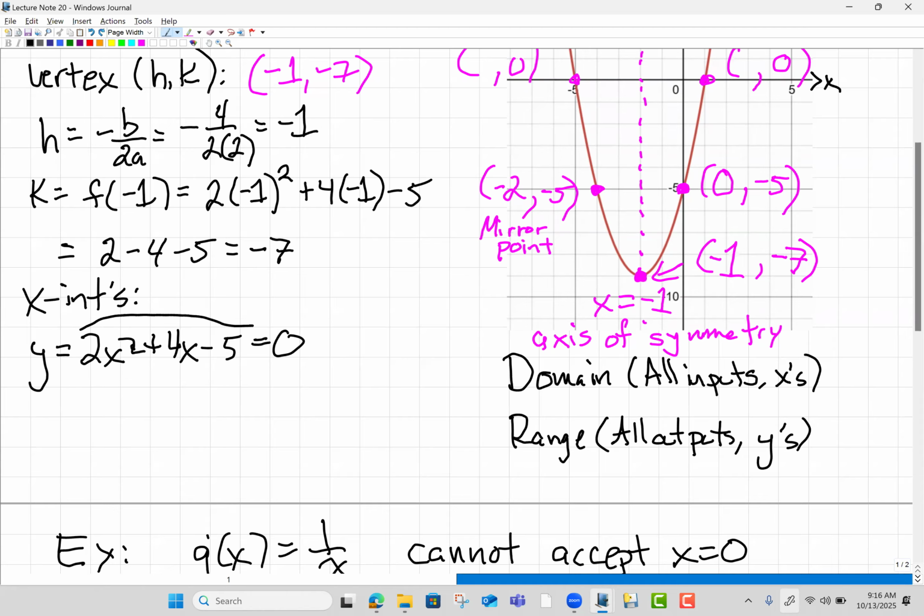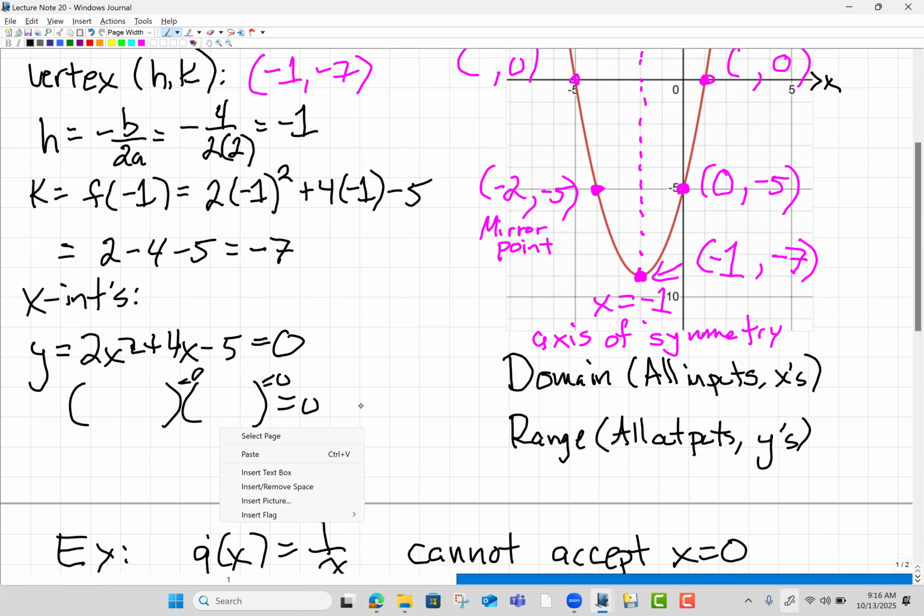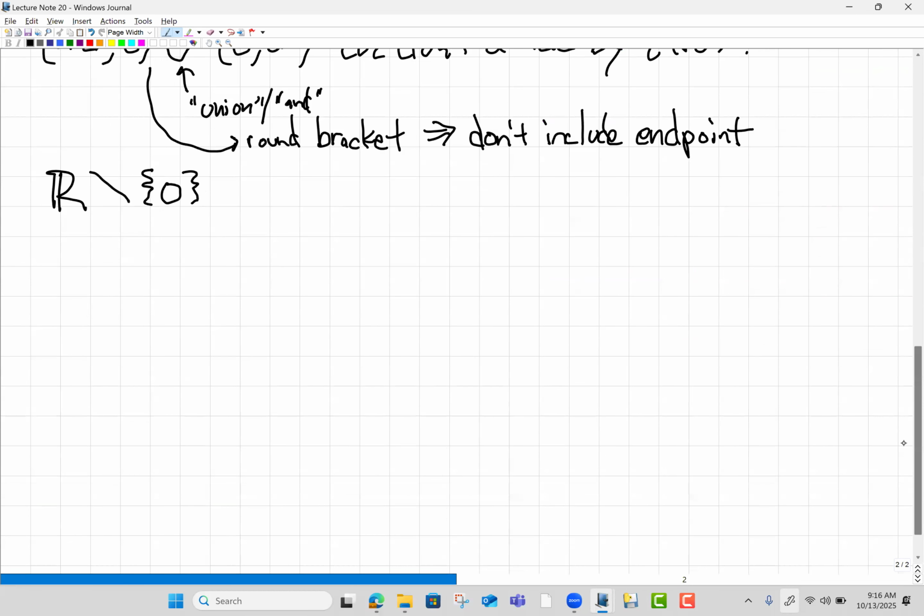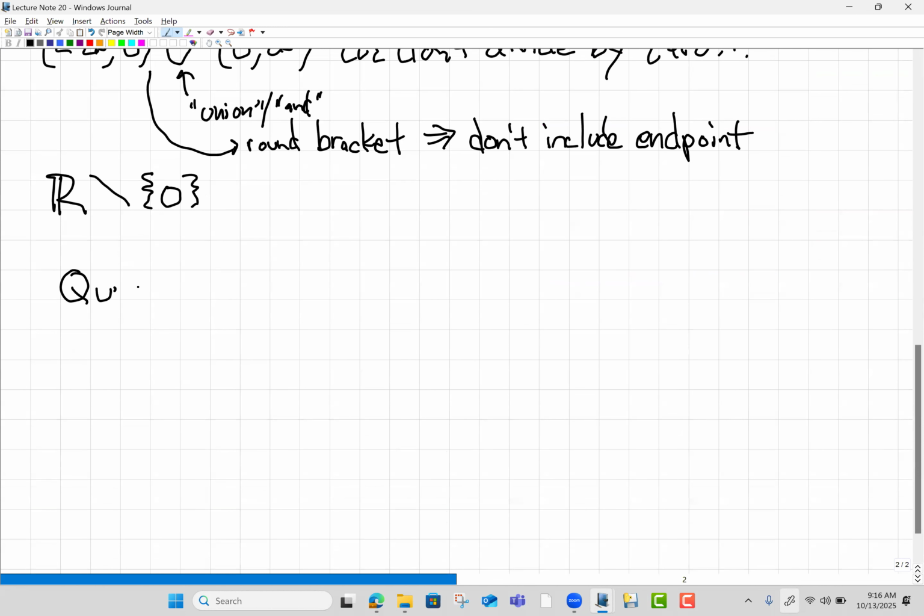Now, to solve this, there's different methods. You could try factoring, setting each factor equal to 0. I don't know if I can do that. We could try, but we haven't really studied that yet. What we do know is the quadratic formula, just in case you forgot.